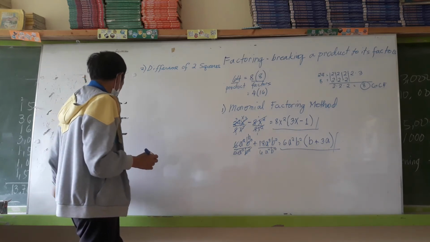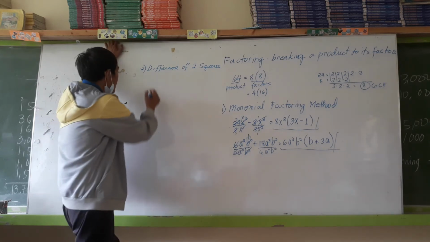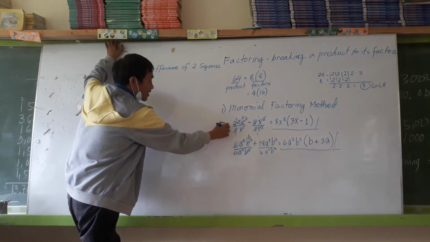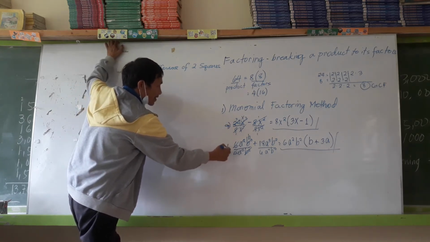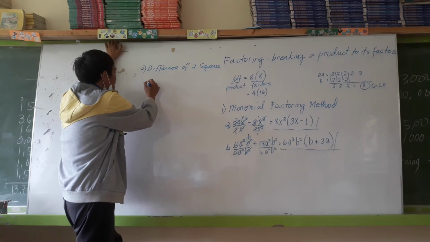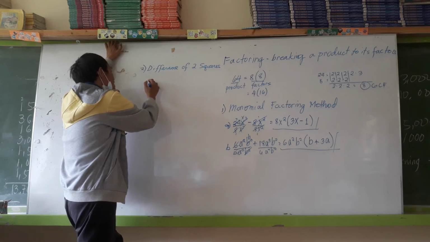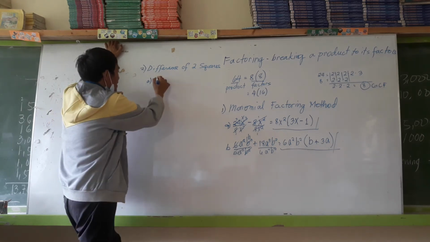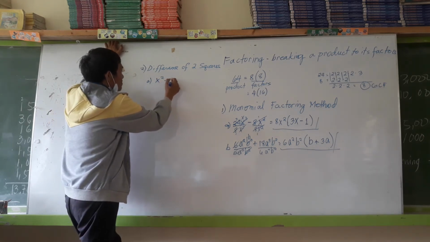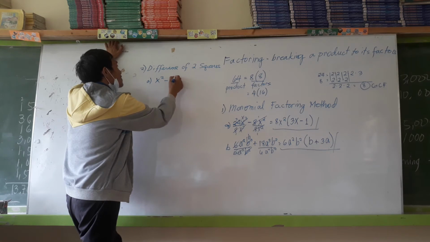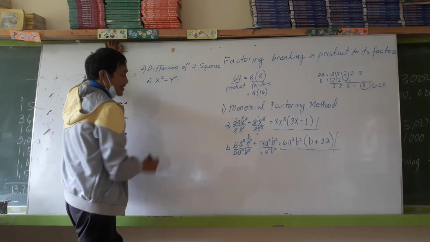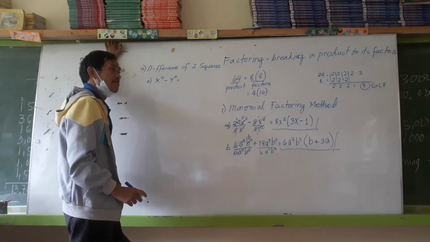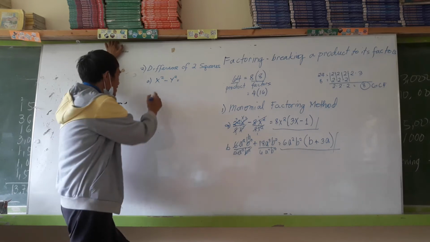So, difference of two squares. Let's have an example. You are going to consider perfect squares here. Okay? So, x squared minus y squared. Okay. This is a very good example of a difference of two squares.